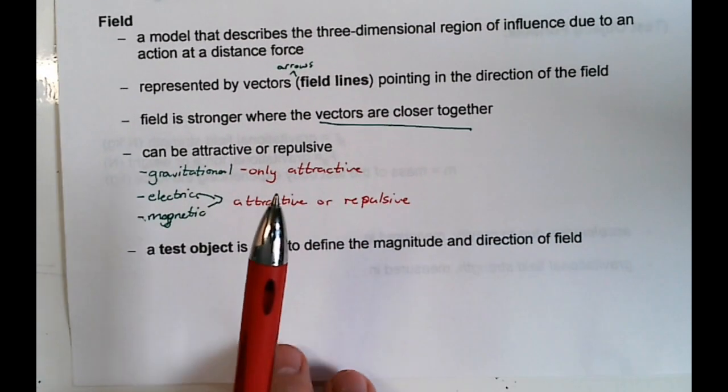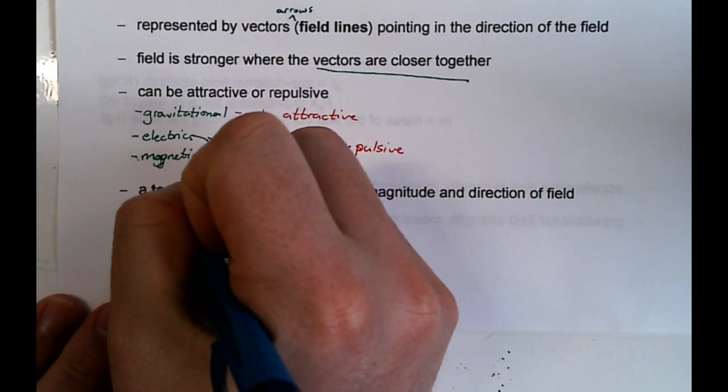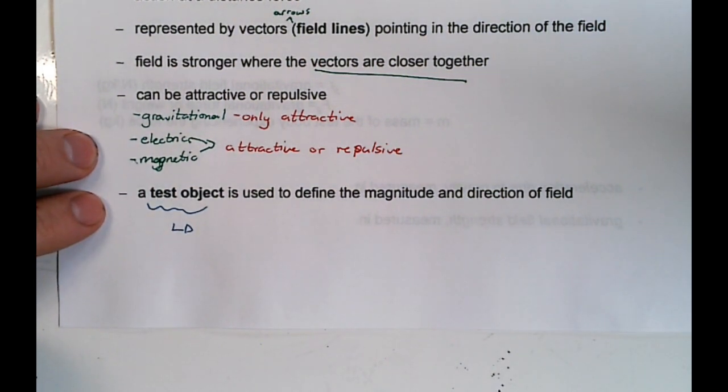With that, we can use a test object to determine the magnitude and direction of the field. A test object is something that is small, that feels the force but doesn't have a field of its own.